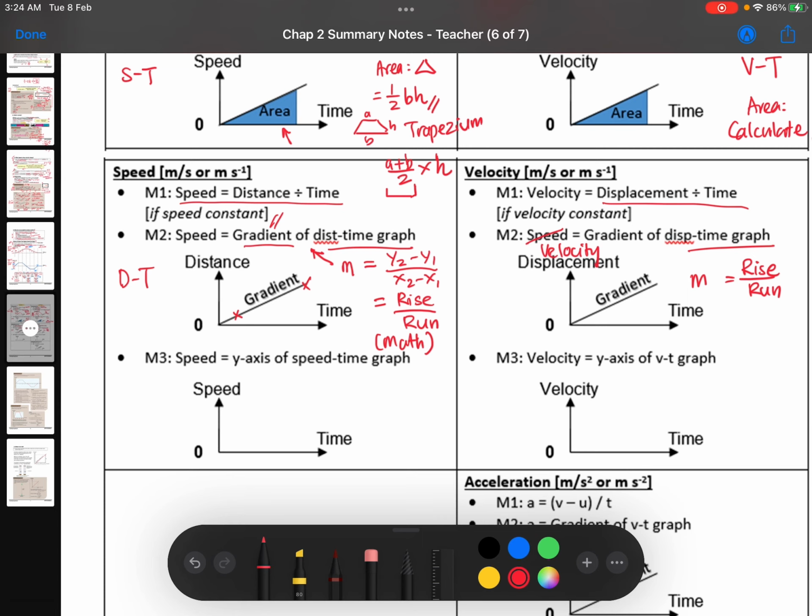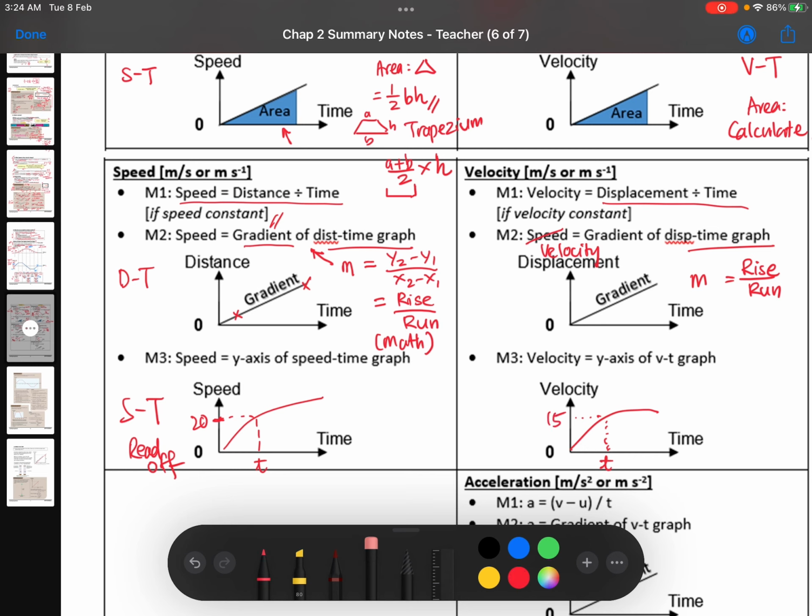Now, let's say you're given a speed time graph, and you are asked to determine what is the speed of the object at a given time, all you have to do is read off the graph and see what's the value. Similarly, velocity is also in the same manner.